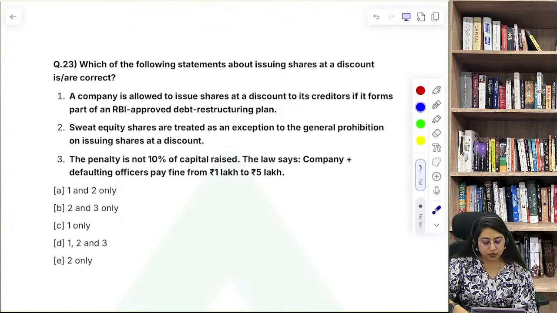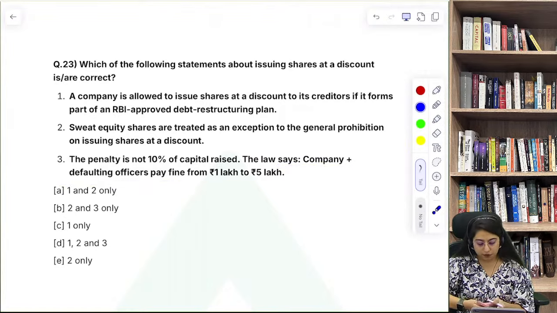The penalty is not 10% of capital raised. The law says the company plus defaulting officers pay a fine from 1 lakh to 5 lakh. Identify the correct statement.